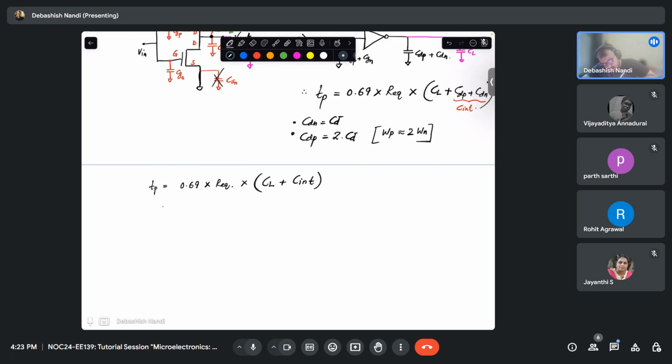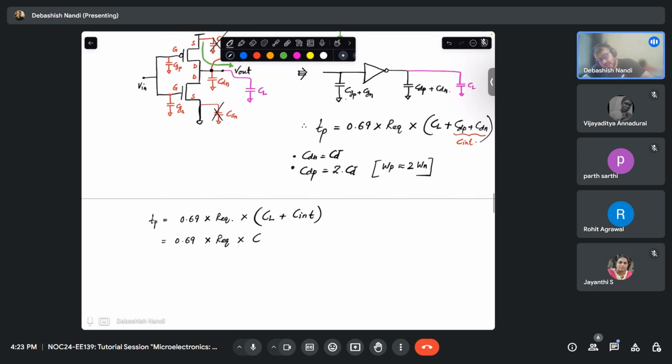Now, to take into account these capacitances also, and why this is important, I'll come back in a while, let's call it C input. So what will I have? CL by C input plus C internal by C input.